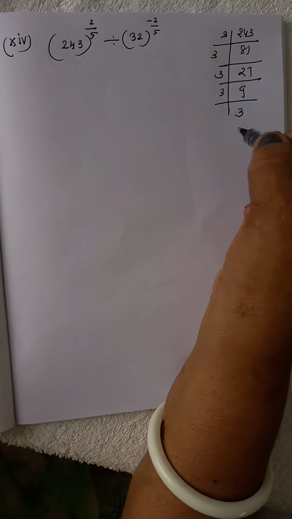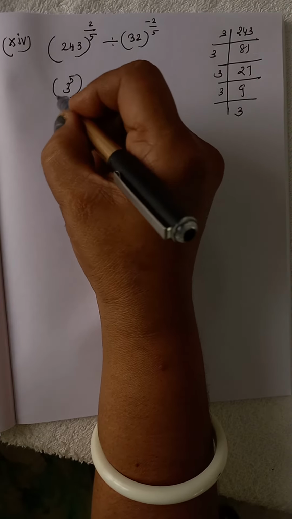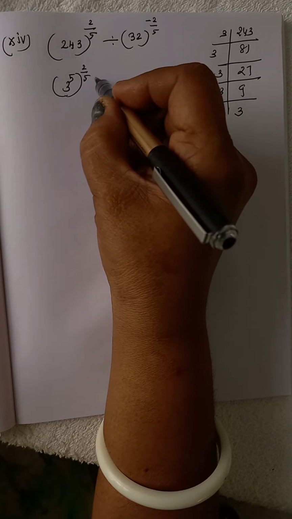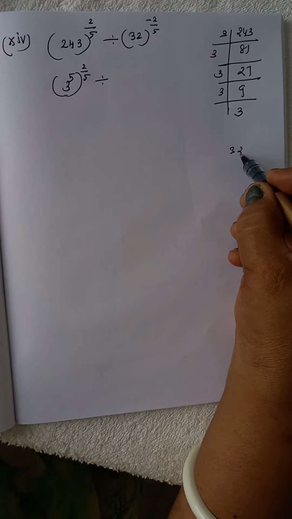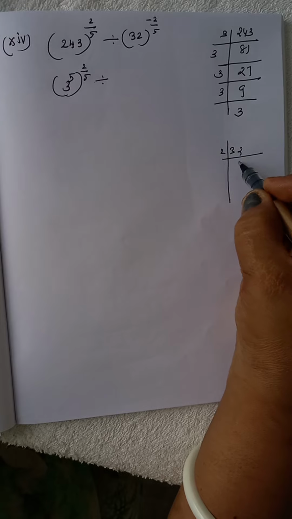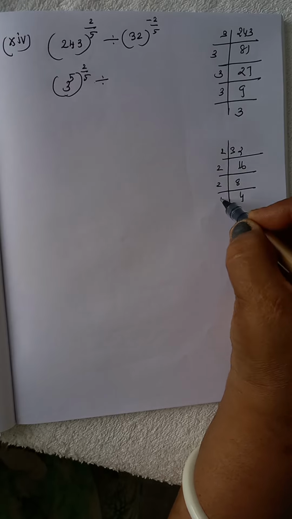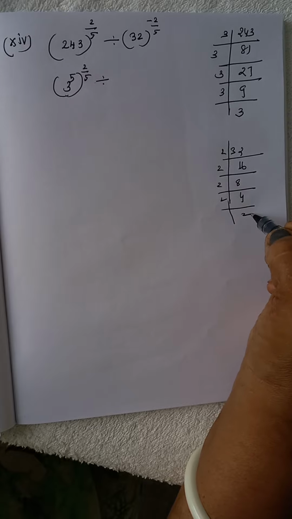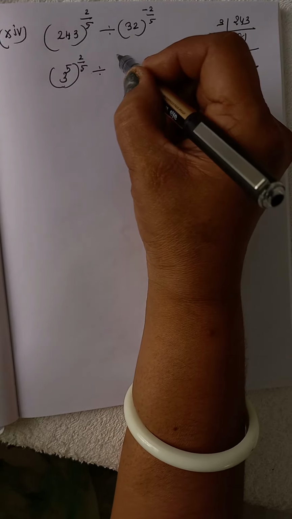So this is 1, 2, 3, 4, 5. 3 raised to 5, raised to 2/5. Then divided by 32. 32 can be factorized with 2, 16, then 2, 8, 2, 4, 2, 2. That is 1, 2, 3, 4, 5. 2 raised to 5.